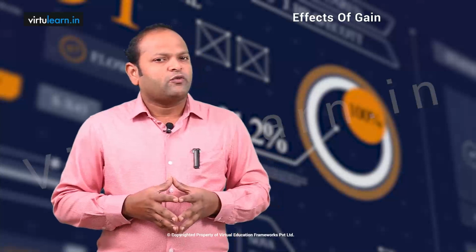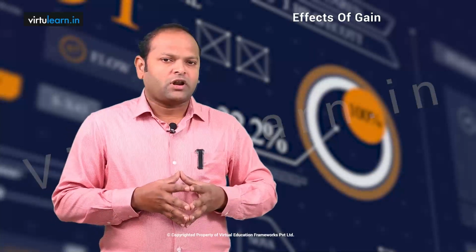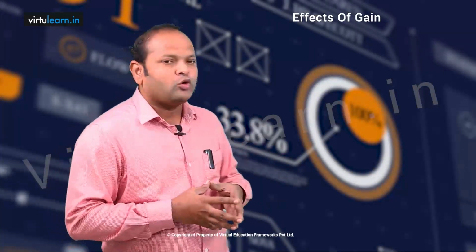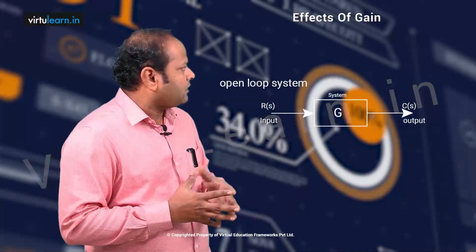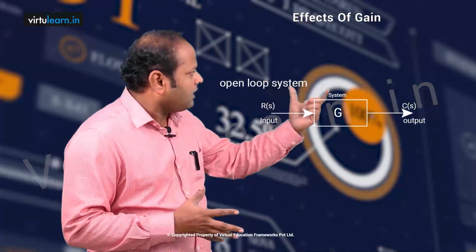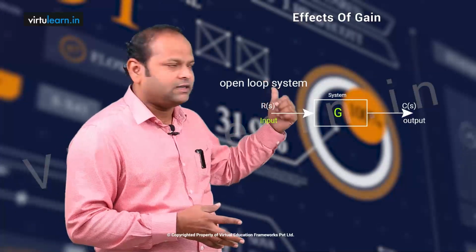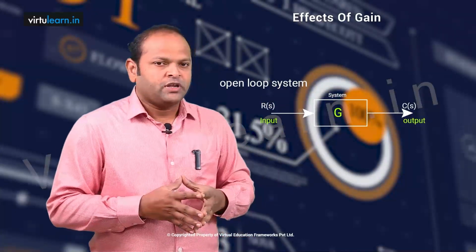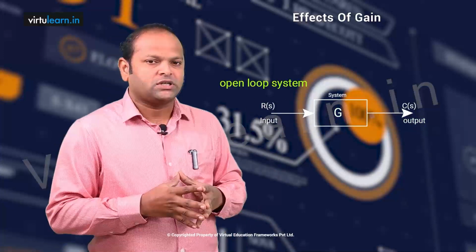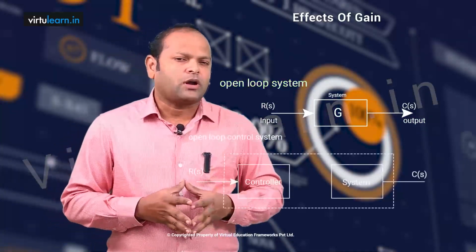So we will try to look at what is the open loop transfer function and open loop block diagram. The open loop block diagram is going like this. So I have a block inside, the gain G, and there is input connected, and we have the output. So this is usually called the open loop system. But what is open loop control system?